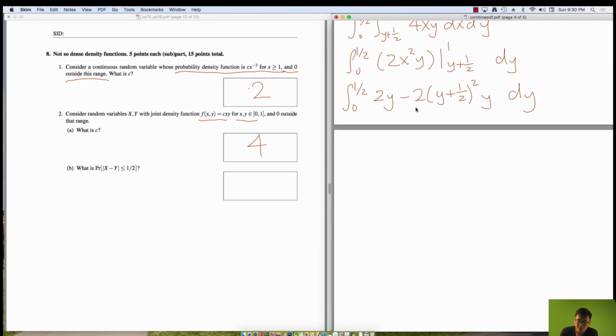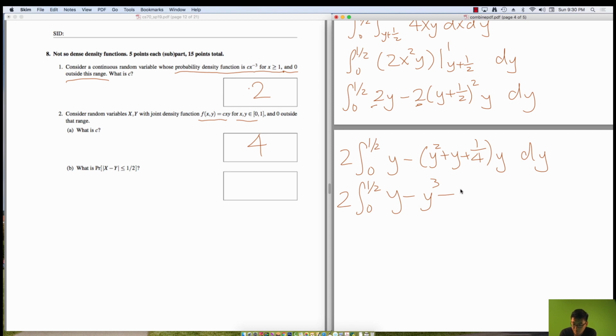So now I'm going to take out this factor of 2. And I'm going to expand this square here. So it's going to be y squared plus y plus a fourth, times y dy. And then I can simplify it to be y minus y cubed minus y squared minus 1/4 y dy.